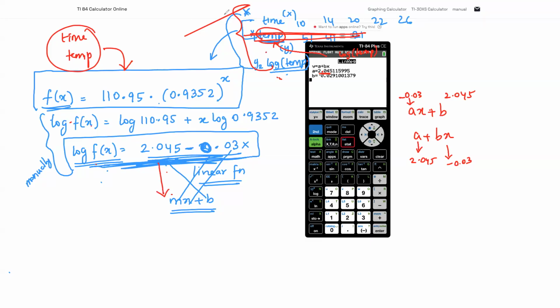Whereas you took the same time, but you put the log of temperature. Why did you put the log of temperature? Because one of the scales is a logarithmic scale in a semi-log plot. So you put that and constructed a linear regression. You got the same equation: 2.045 minus 0.03x is what you got in the regression equation. Any questions?